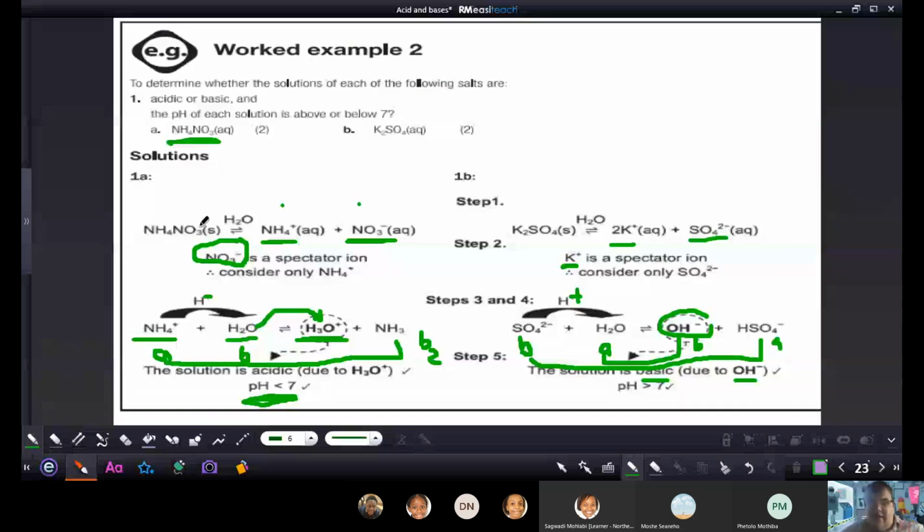If you take the salt, you put it in water and you get your 2 ions. One of the ions will be more prominent because the other one will be the spectator. Then we can get an acidic solution. If you look at another one, we get a more basic solution. And that is where we determine if it is an acid or a base.